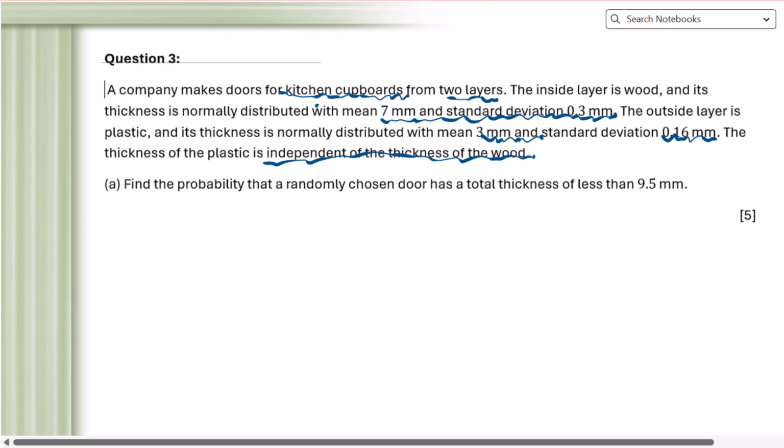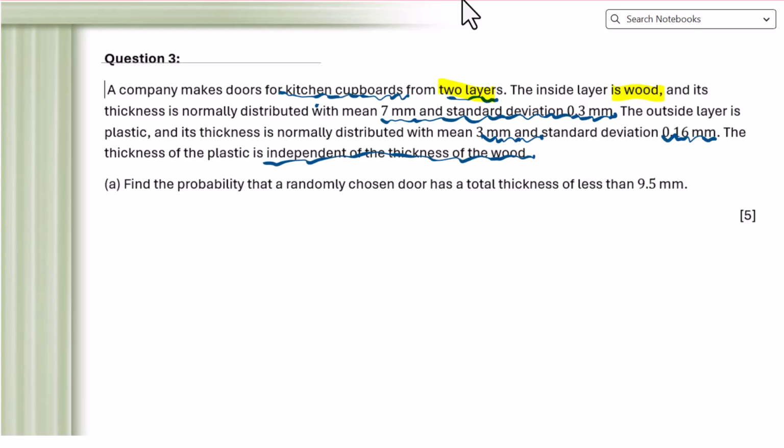2 layers. One is wood. The other is plastic. Let's use W follows normal distribution with a mean of 7, standard deviation 0.3.